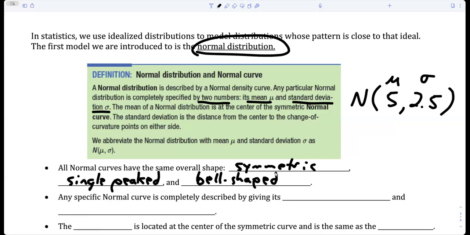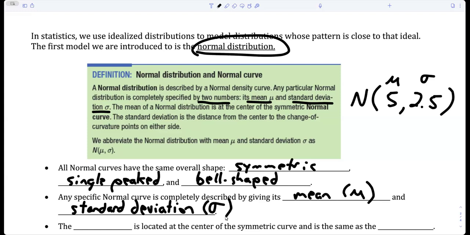Any specific normal curve is completely described by giving two things, which is its mean, mu, and standard deviation, which is sigma.